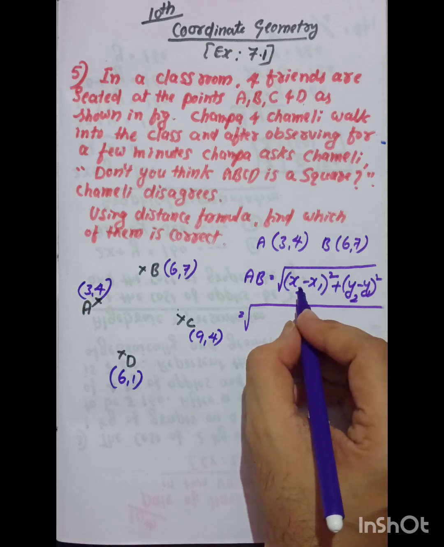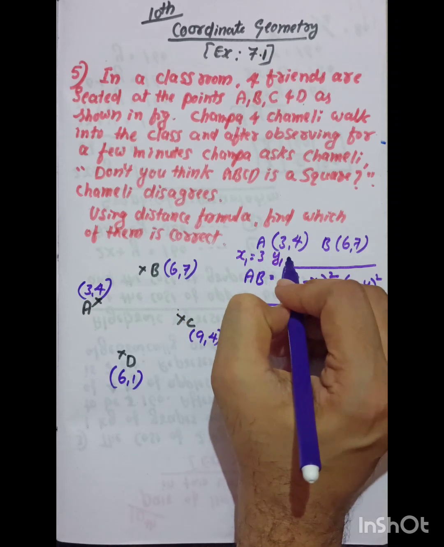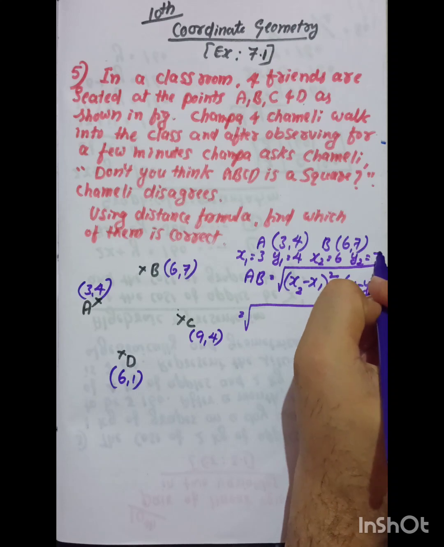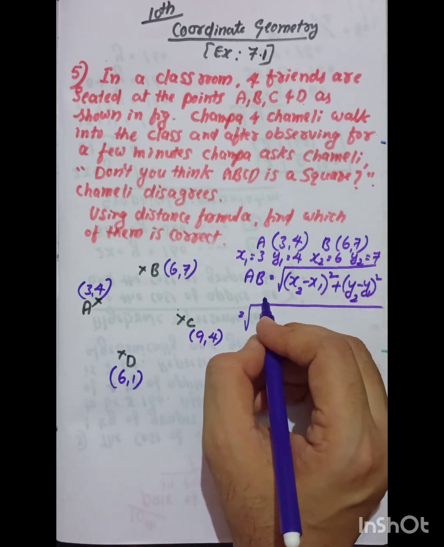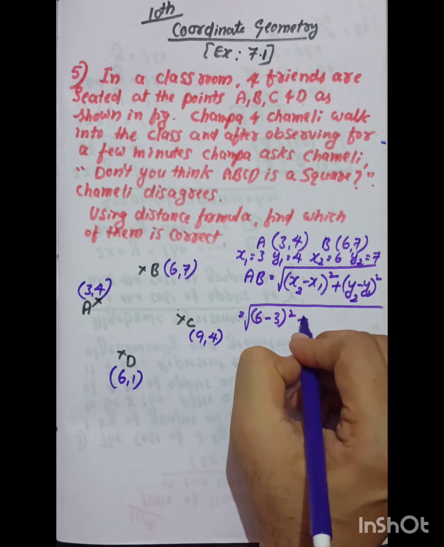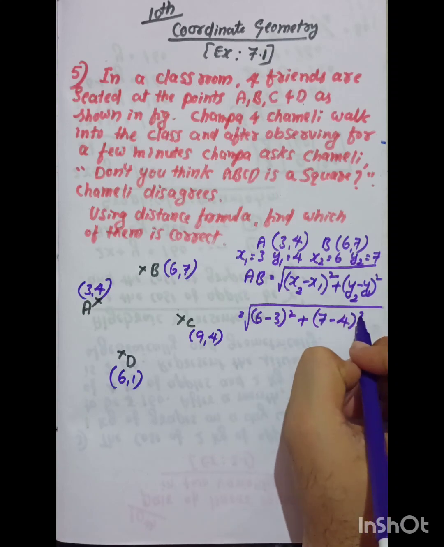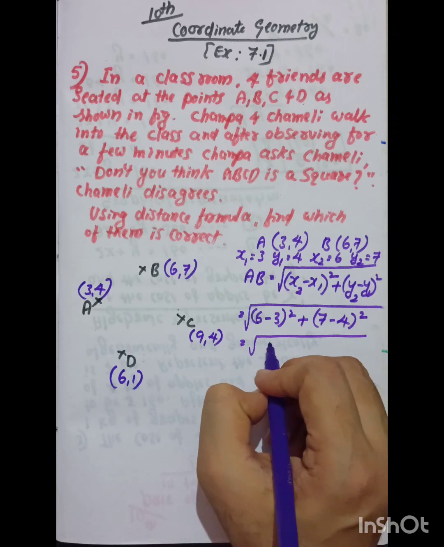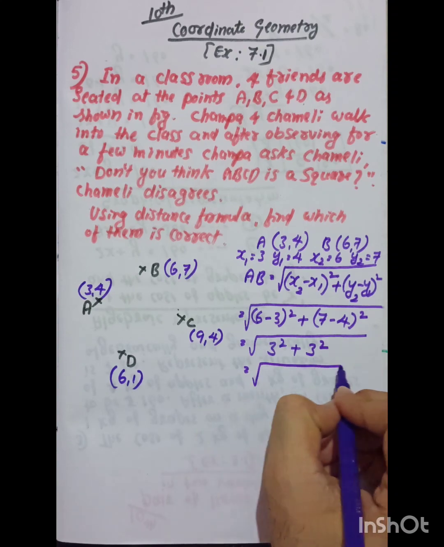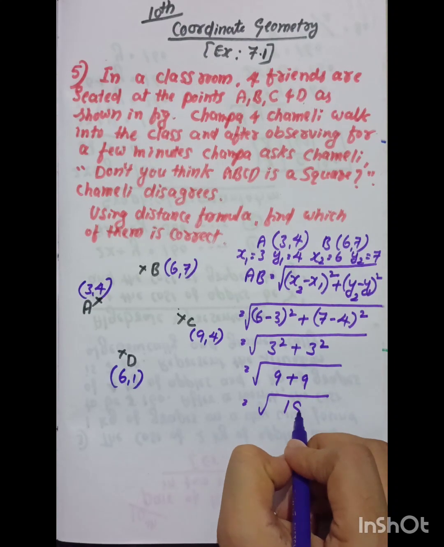x1 is 3, y1 is 4, x2 is 6, y2 is 7. So AB equals root of 6 minus 3 whole square plus 7 minus 4 whole square, that is root of 3 square plus 3 square, 9 plus 9, that is root 18.